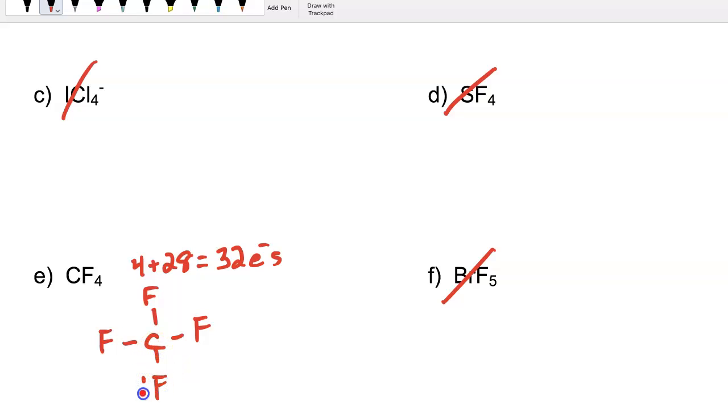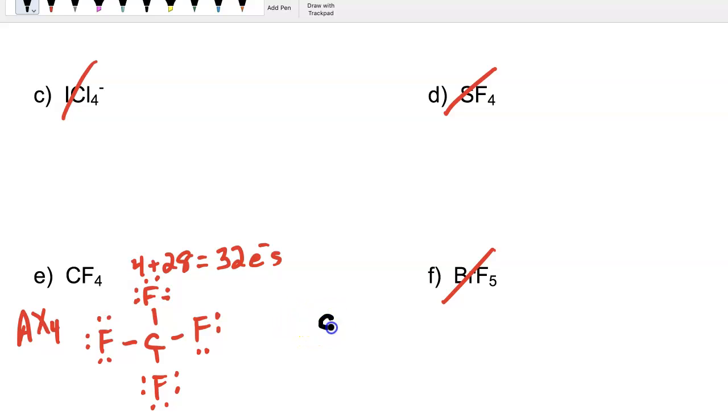When I fill in the rest of the electrons, there's 24 more to fill in. It looks like this is a symmetric molecule. And it actually is, but they're not 90-degree angles because this guy is AX4. So when I draw this in 3 dimensions, let me change colors here.